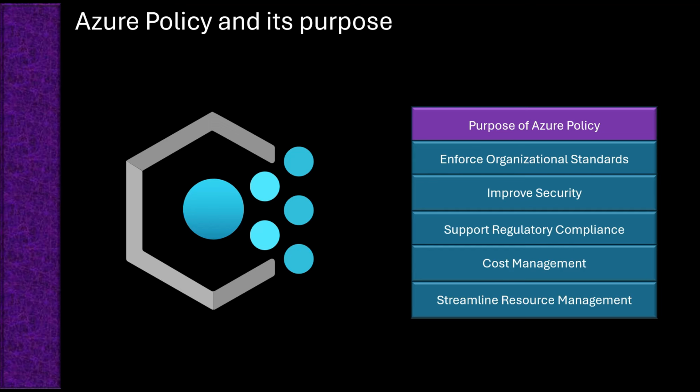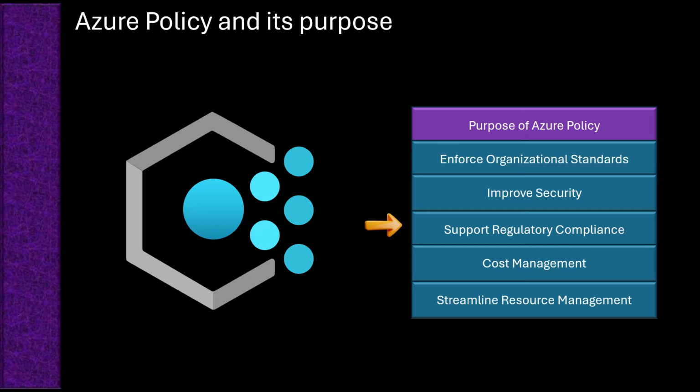Let's discuss the purpose of Azure Policy. Using Azure Policy, you can ensure all Azure resources adhere to company rules, such as naming conventions, allowed regions, or required configurations. You can automatically enforce security settings like requiring encryption or restricting public access to resources.